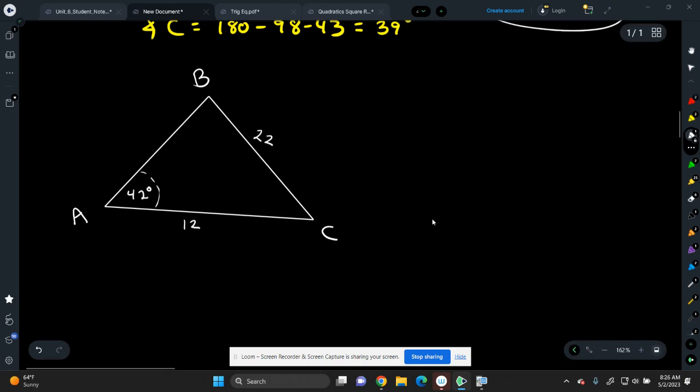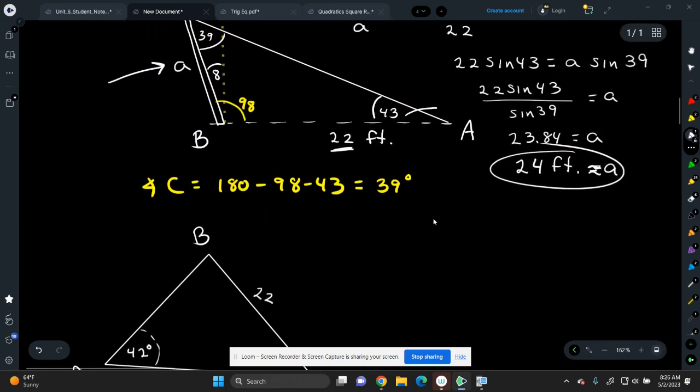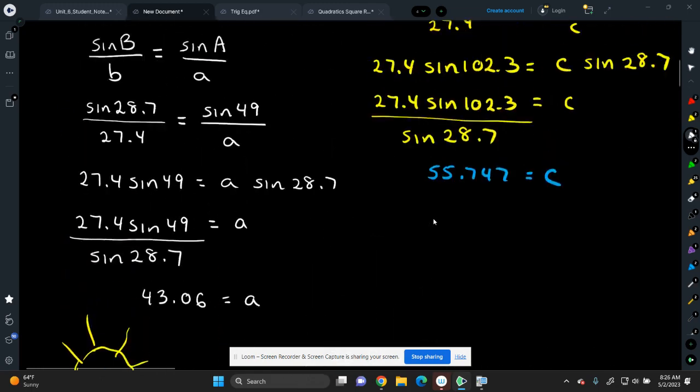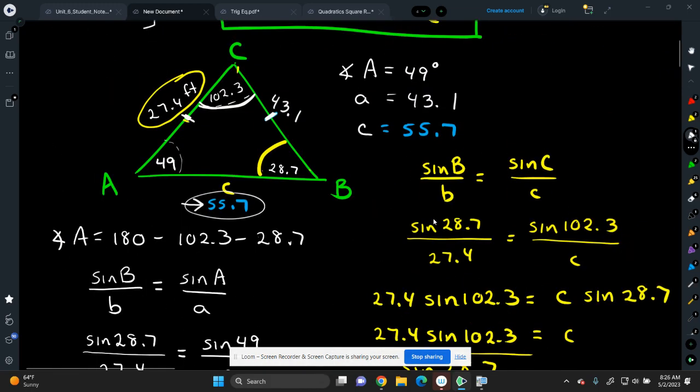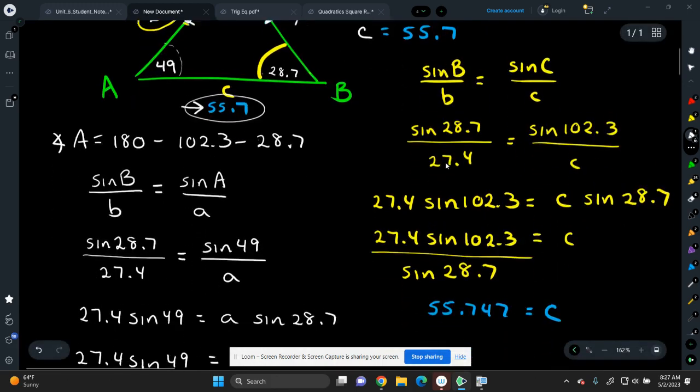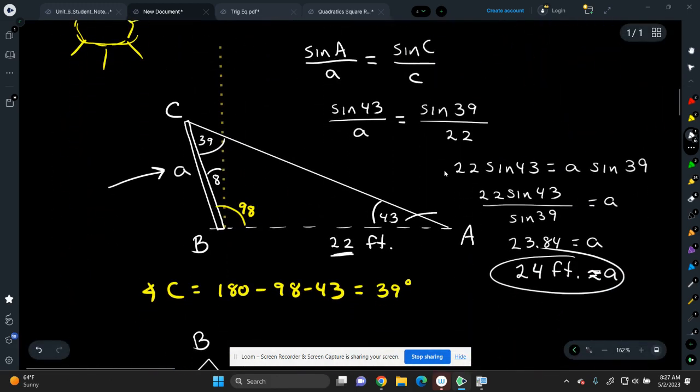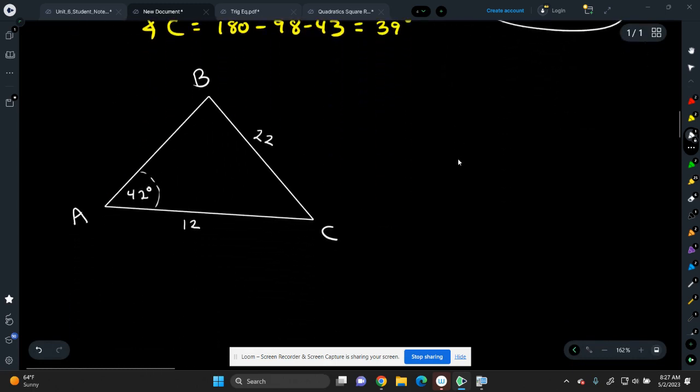In the other two examples, in the first example, we had two angles and I was able to find the third angle by subtracting from 180. And the same thing down in this one, although it wasn't as obvious, we had information to get two angles, so I was able to find the third angle. In this example, I don't have enough information to find the third angle, okay?